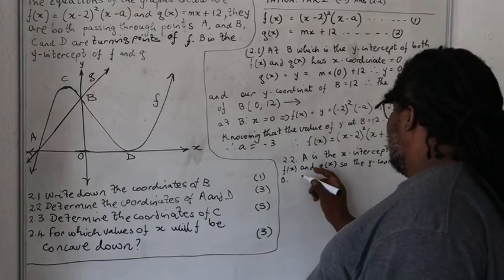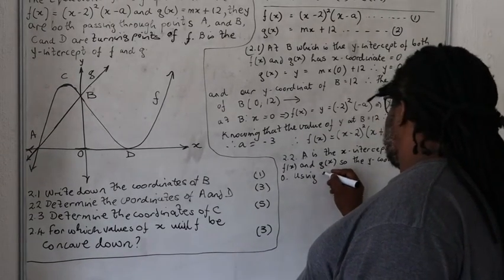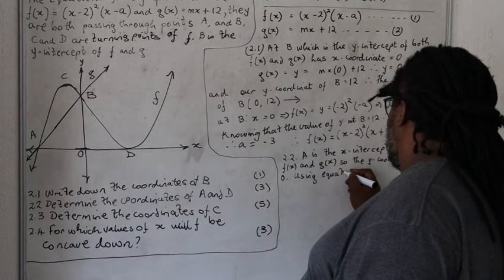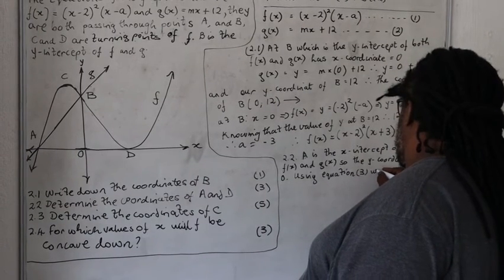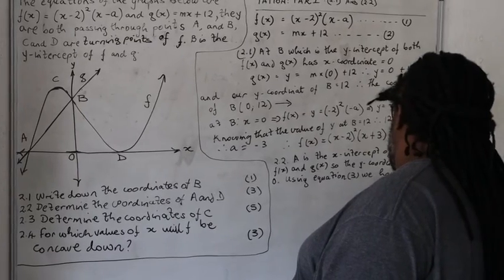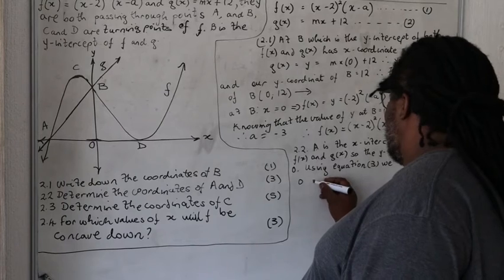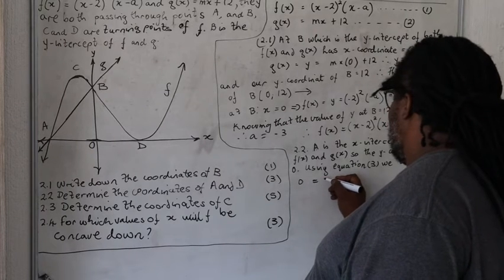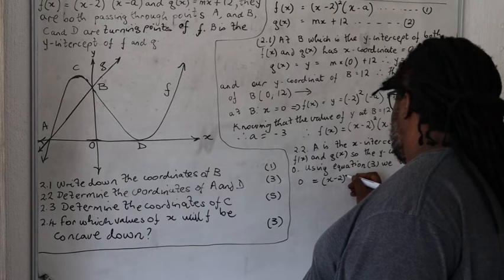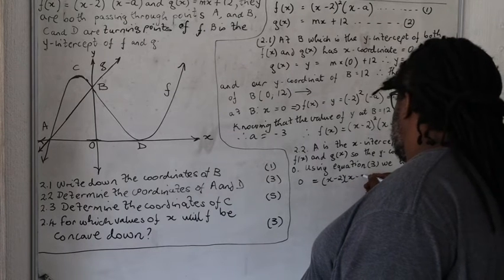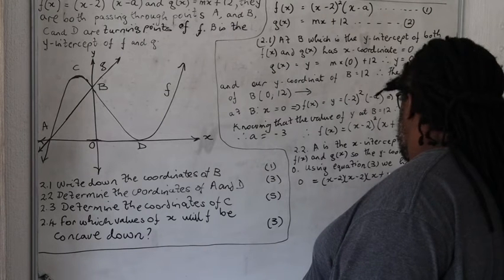And so using equation 3, we have 0 equals to (x minus 2) multiplied by (x minus 2) multiplied by (x plus 3).